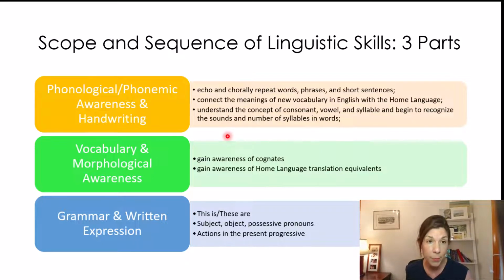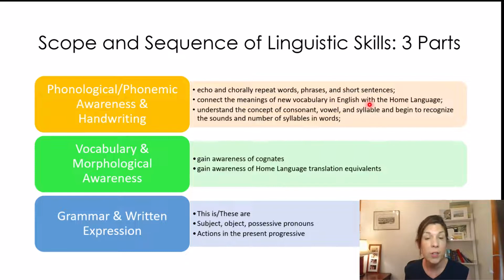So for example, for phonological awareness, I want my students to echo and chorally repeat words, phrases, and short sentences. This is very important to get them started, just getting used to the sounds and the rhythm of English. I want them to connect the meanings of new vocabulary that you're teaching them in English with their home language.